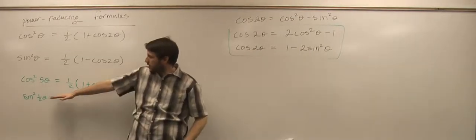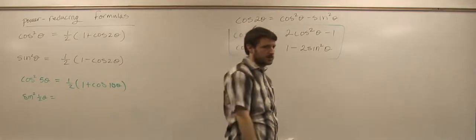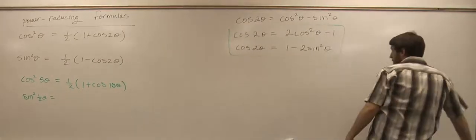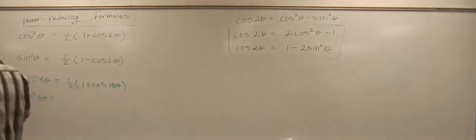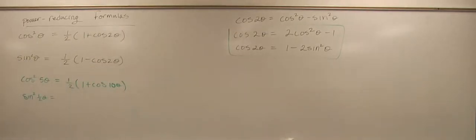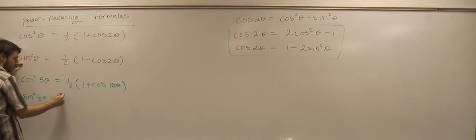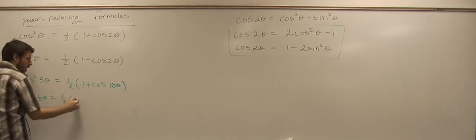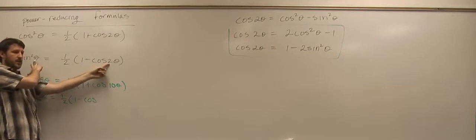So similar kind of question here. What if I wanted sine squared of 1/2 theta? How does this apply? Would it just be cosine theta? Yeah, so you copy the formula down for sine squared that we have here, the power-reducing formula. 1/2, 1 minus cosine, but then you have to double what you started with.